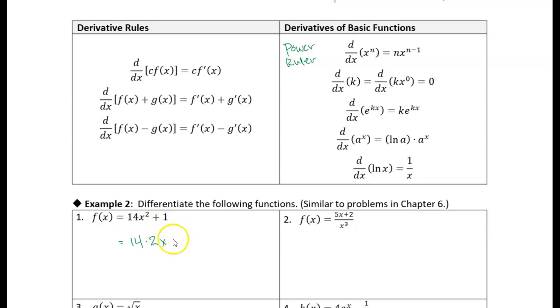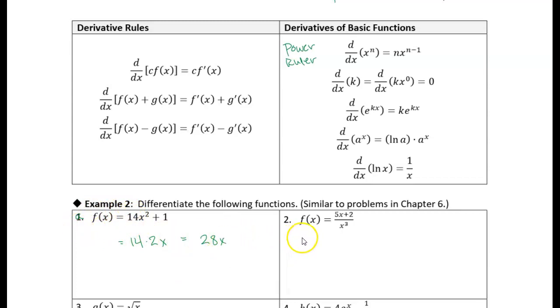And then I have a constant. This is effectively a sum of two functions, and the second part of the sum is just a constant, so that's just going to be 0. So what I end up with is 28x. That's my derivative for this. I guess I could call that part A, for number 1 in example 2.